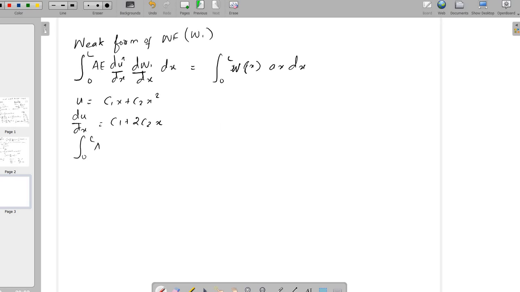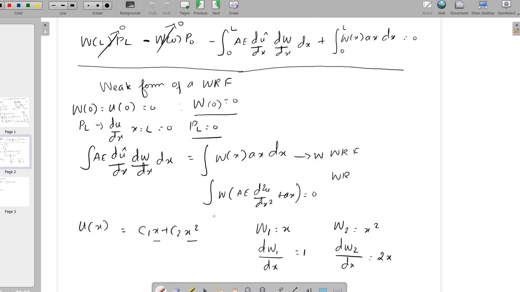The integral from 0 to L of AE, du by dx is C1 plus 2C2x, and dw1 by dx from the previous page is equal to 1, where we are taking w1 as the first weight function and w2 as the second.